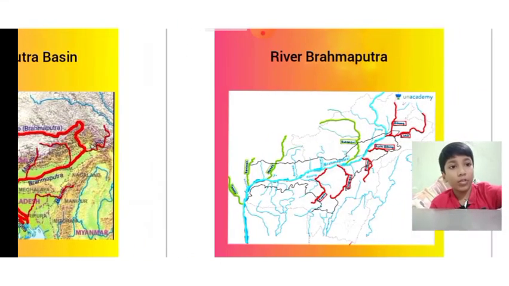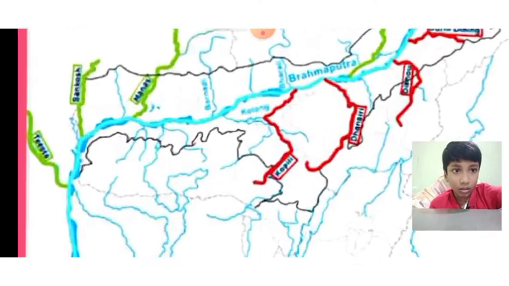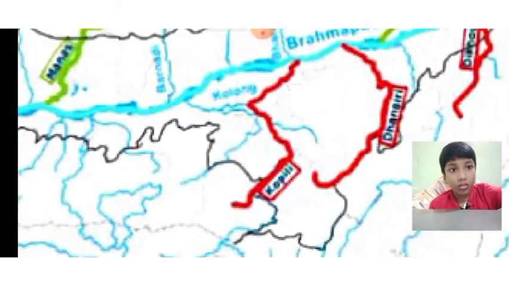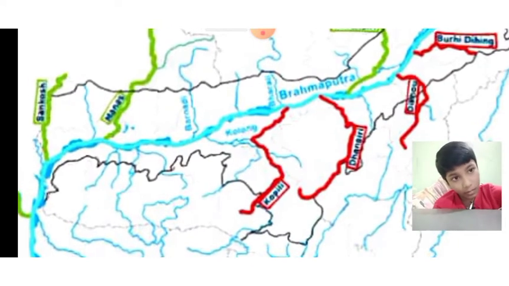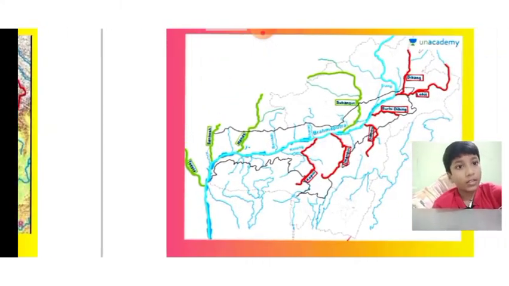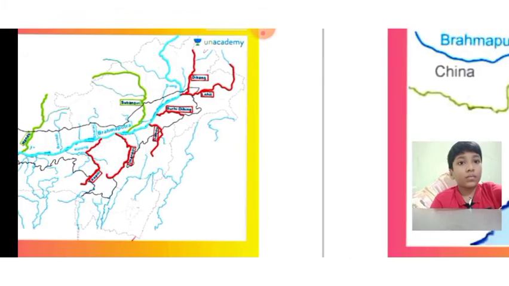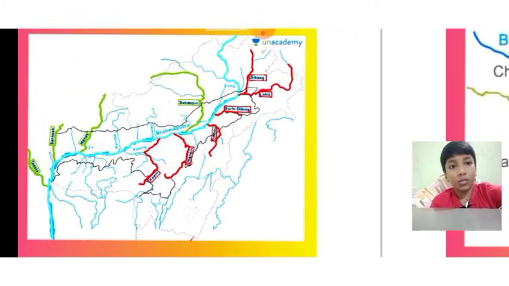These are the tributaries of Brahmaputra, and that is Kopli and some tributaries. This is the tributaries picture.